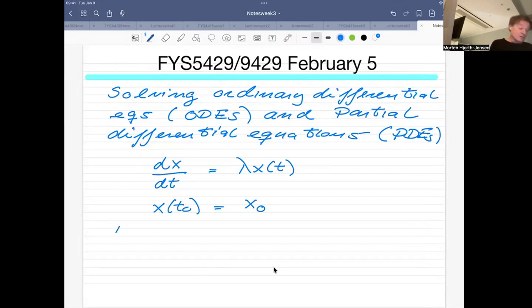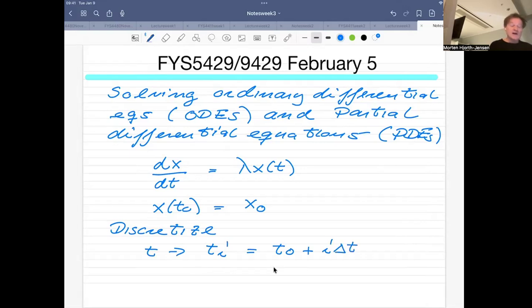So the typical approach is to discretize the variable x and discretize the variable t. That means that our t goes over to a variable with a subscript i. So this is a discretized time, given by some initial time t0 plus some variable i, which is the step we are making and places us at a given time step. And this is multiplied with the size of the step itself, a delta t.